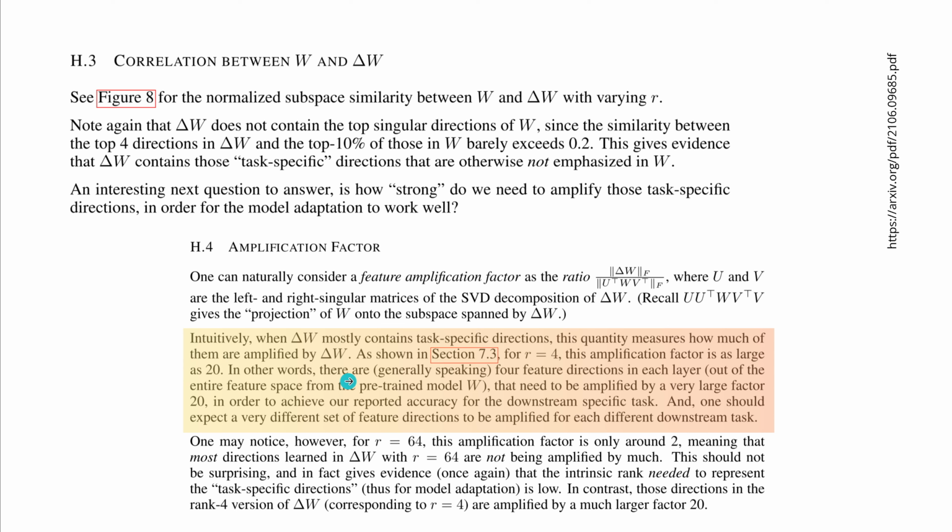And they say, hey, in other words, there are generally speaking 4 feature directions in this subspace in each layer out of the entire feature space from the pre-trained model W that we need, or that needs to be amplified by a very large multiplicative factor of 20 in order to achieve our reported accuracy for the LoRA learned fine-tuning downstream specific task. And one should expect a very different set of feature directions, remember SVD, to be amplified for each different downstream task.